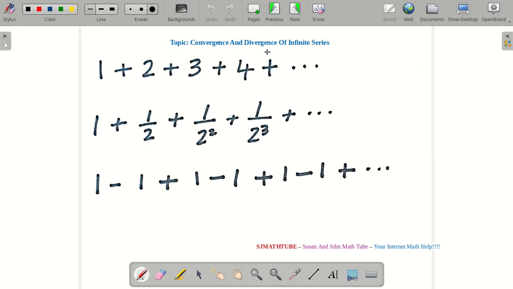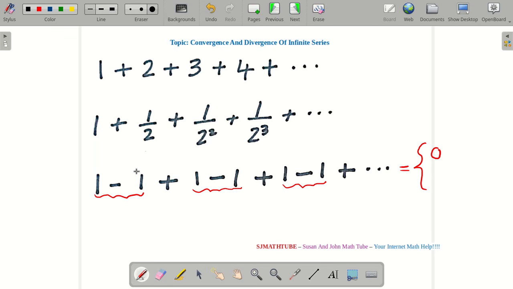Okay, now take a look at the third one. What do you think the value is? Okay, anyway, let's try. What is 1 minus 1? Yes, and again 1 minus 1, and again 1 minus 1, and we keep on doing this till infinity. Then the answer must be equal to 0.